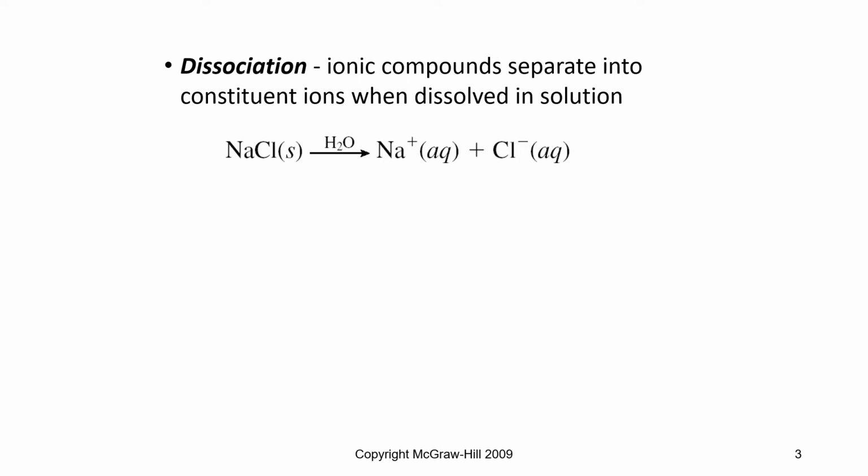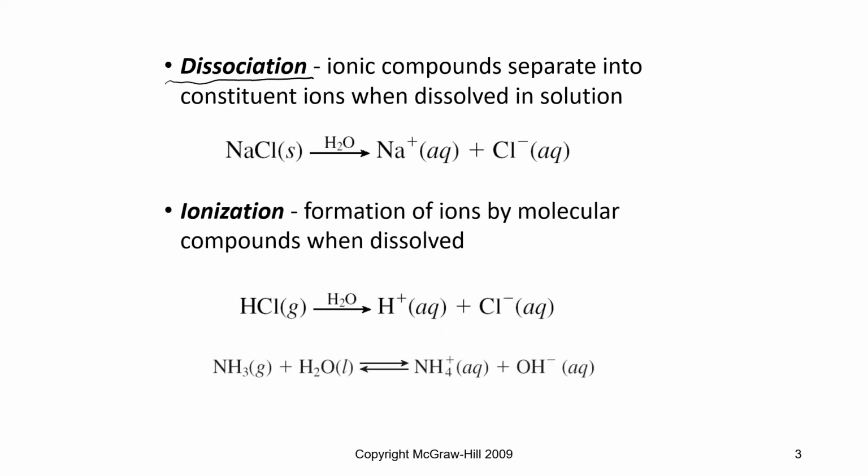Now let's talk about some other terminology that describes what is happening when something is dissolved and forms ions in solution. Dissociation is a term applied to ionic compounds that separate into ions when dissolved in solutions. And again, here's our sodium chloride example. Versus ionization.